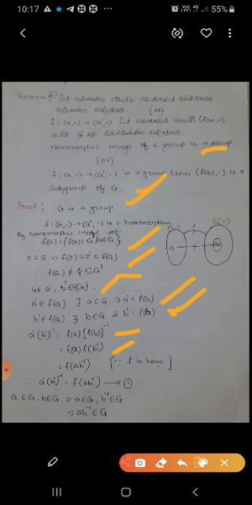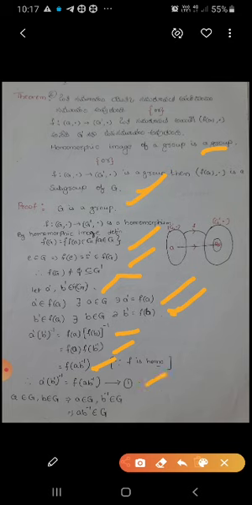So here we know that f(b)^-1 we can write as f(b^-1). So that equals f(a) into f(b^-1), that equals f(ab^-1). So therefore a' b'^-1 equals f(ab^-1), equation number 1.